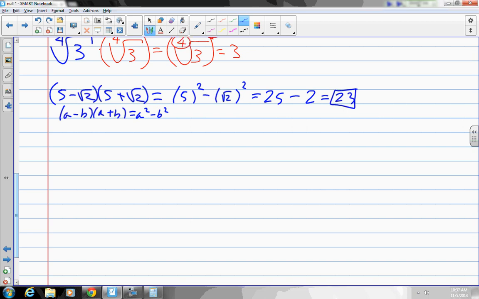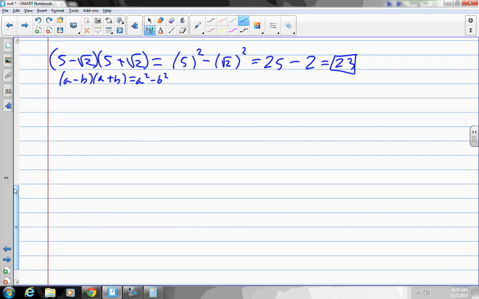So every time we multiply expressions that contain square roots, let's say the square root of 7 plus the square root of 3, and I multiply it by the square root of 7 minus the square root of 3, we call these terms conjugates, the terms that only differ by a sign in the middle. Every time you multiply them, the answer will always come out a pretty integer result.